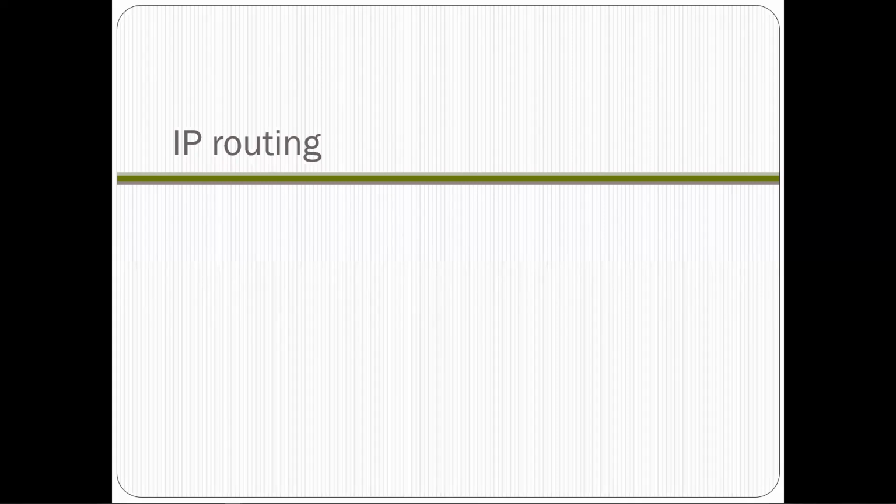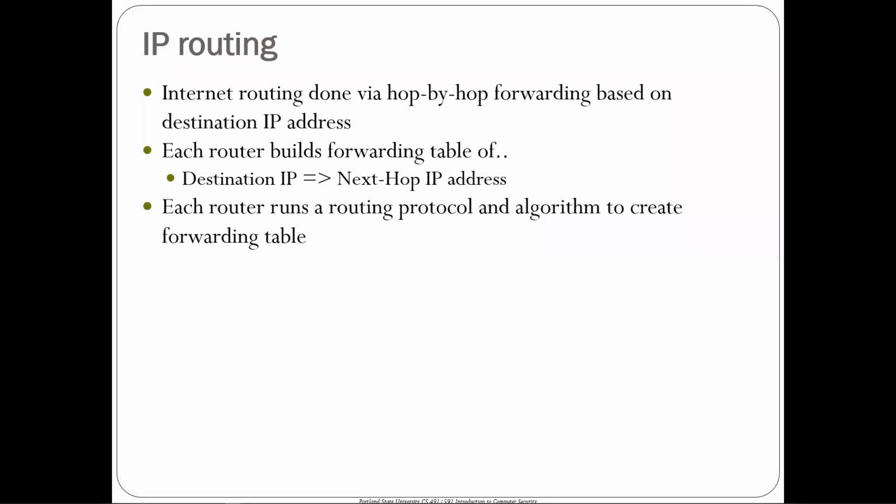Okay, I'm going to talk about the different things that IP provides. I'm going to first talk about IP routing. The internet protocol does its routing via hop-by-hop forwarding based on only one thing: destination IP address.